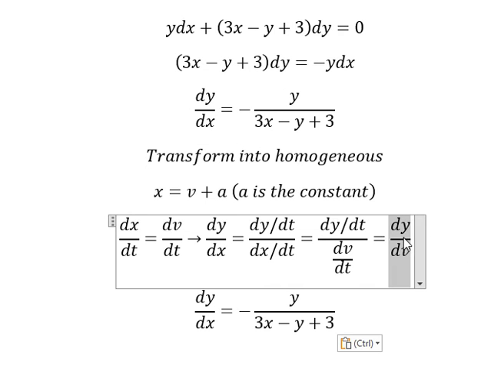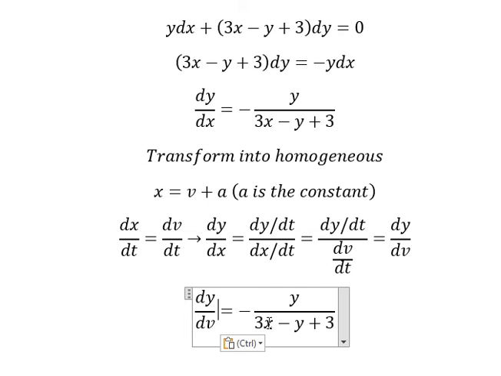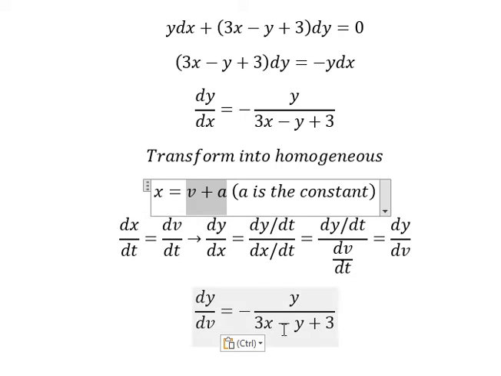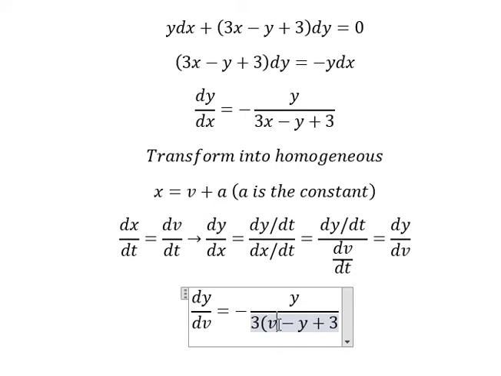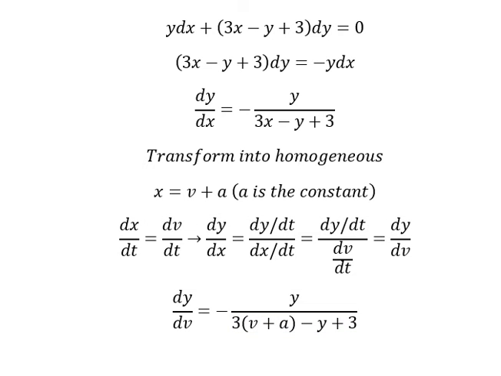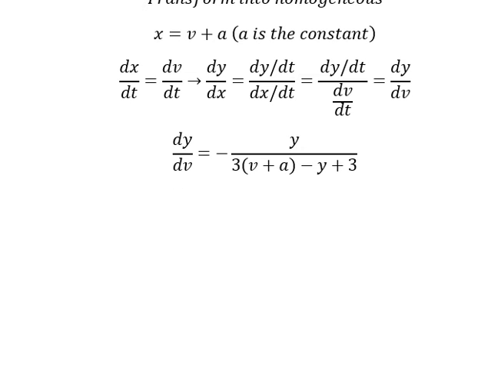So I will put this one in here. S we change by this one. So if we want to create homogeneous, the constant should be equal to number 0.